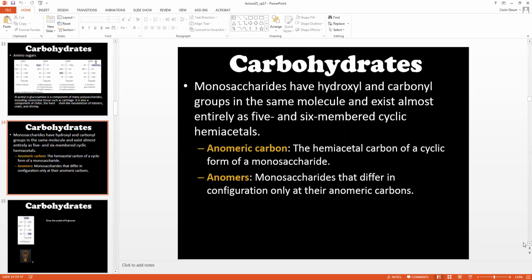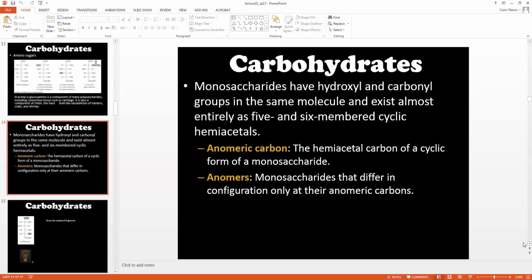When we think about monosaccharides having hydroxyl and carbonyl groups, they tend to exist as cyclic hemiacetals. You're going to remember that we've talked about hemiacetals and acetals when we were initially studying carbonyl groups.